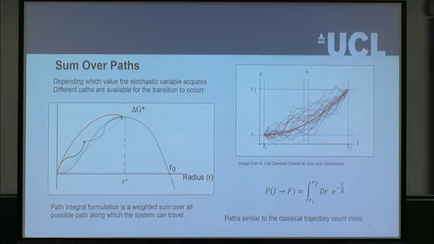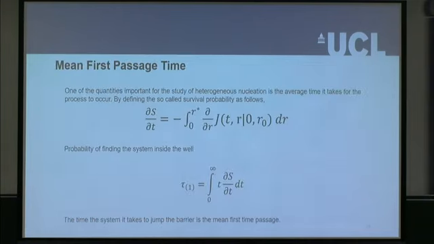Since we have a random contribution from a stochastic variable, we can take into account all the possible paths the system can take to jump from its initial state to the final state, where the paths similar to the classical trajectory count more than the weirder ones.